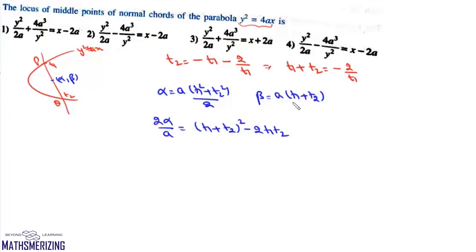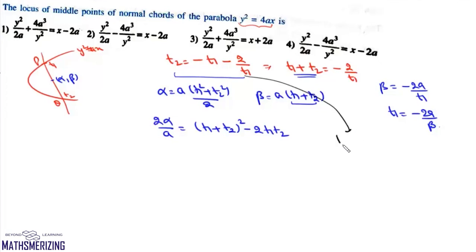Now we need to eliminate t1 and t2, and find the relationship between alpha and beta. We already have this t1 + t2, and we need to find the value of t1 t2. So we can put the value of t1 + t2: beta is equal to -2a/t1. So the value of t1 will be -2a/beta, and from this equation, if we take t1 as LCM, we can also write t1 t2 = -t1 square - 2.